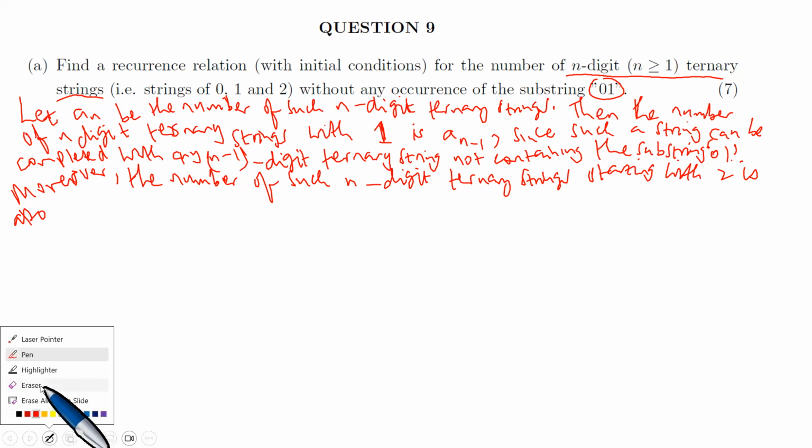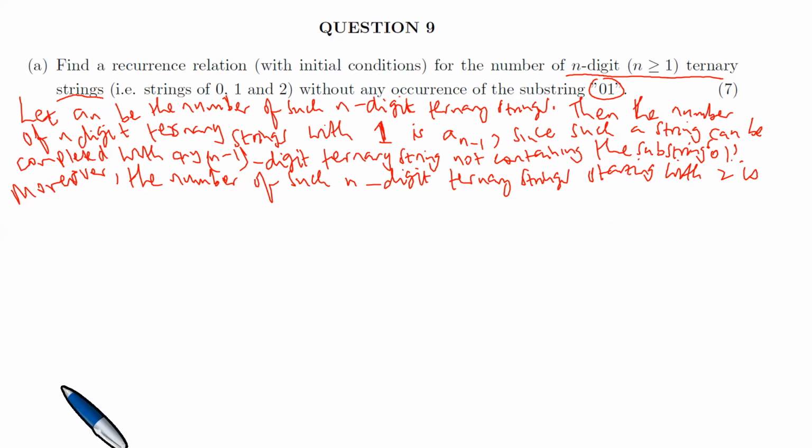So we remove the 1, the number 1. So it is also a_(n-1). So the number of n-digit ternary strings starting with 2 is also a_(n-1).